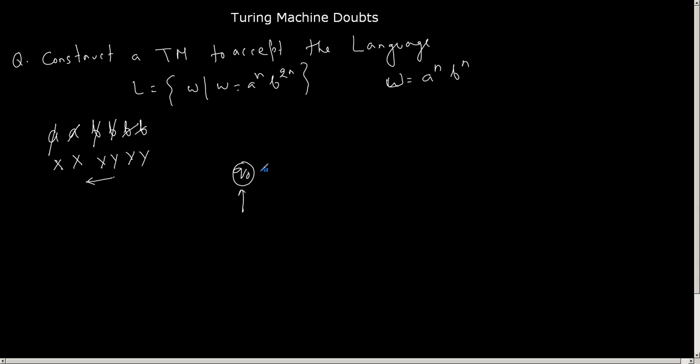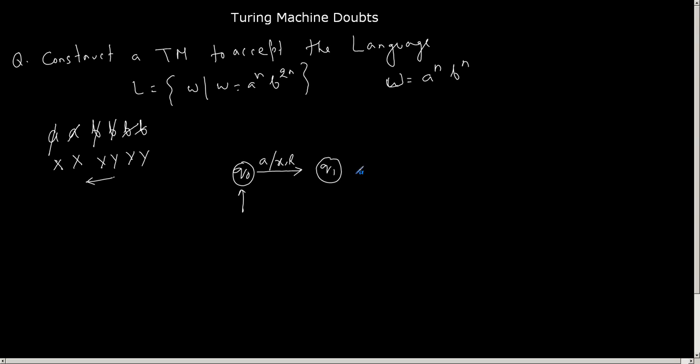So what will happen? With A, it will mark it as X and move towards right, and go to state Q1. So Q1 is the state where I have already marked a given A as X and am searching for the corresponding Y's.